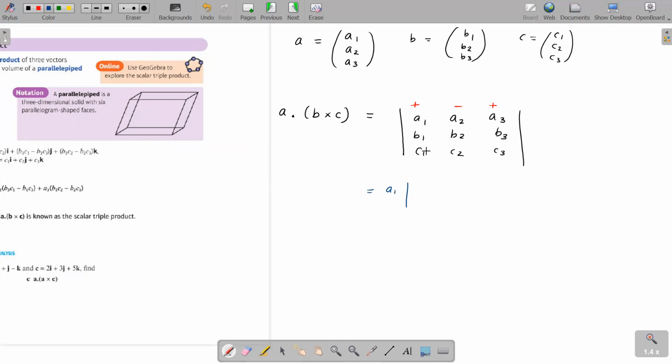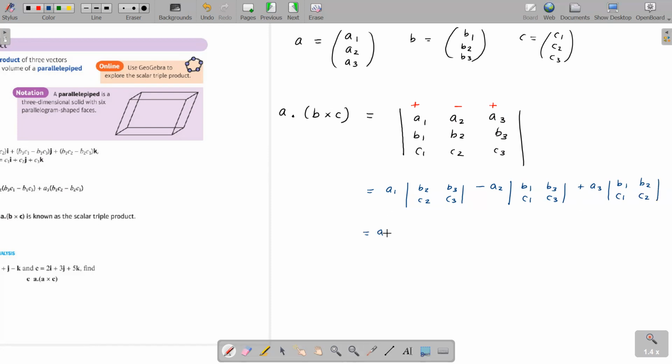If I just elaborate, A1 times the determinant of B2, C2, B3, C3, minus A2 times the determinant of B1, C1, B3, C3. You know what I'm doing here, right? I remove the row and column with A2. Finally, the row and column with A3 is removed, and I get B1, C1, B2, C2.